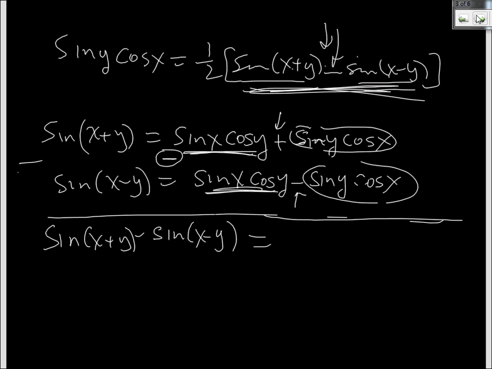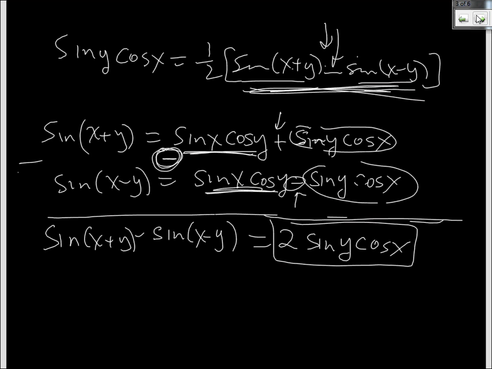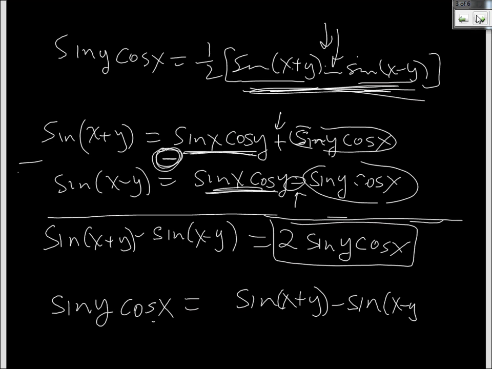And sine y cosine x minus a negative sine y cosine x, that gives us 2 sine y cosine x's. Divide the right side by 2, and you get sine y cosine x equals the other side, but you also have to divide the other side by 2. But dividing by 2 is the same as multiplying by 1/2.